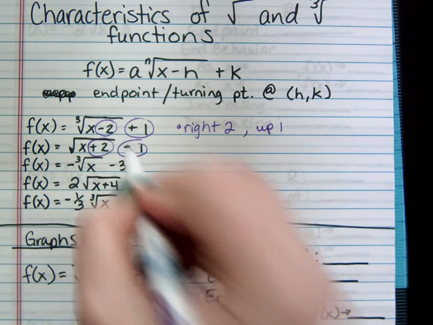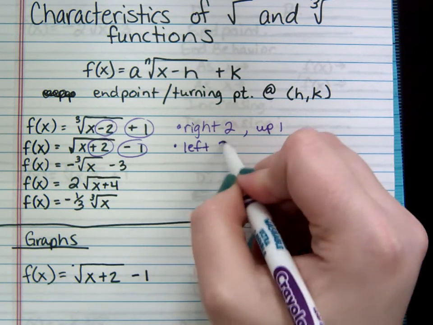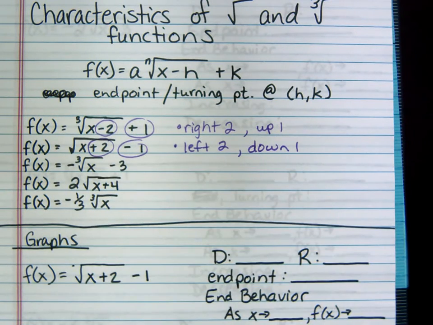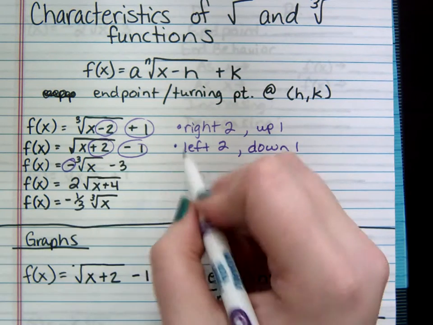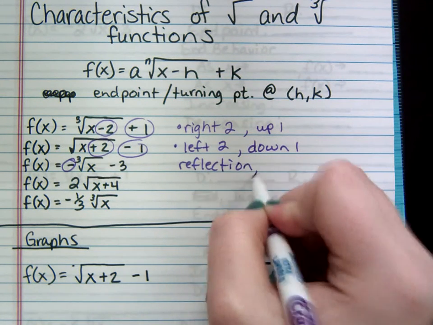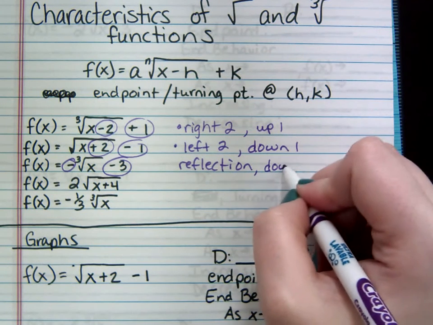So looking here, plus 2 on the inside actually makes it move left 2. This makes it go down 1. On this one, the negative means it's got a reflection over the x-axis, and the minus 3 outside the radical means it moved down 3.